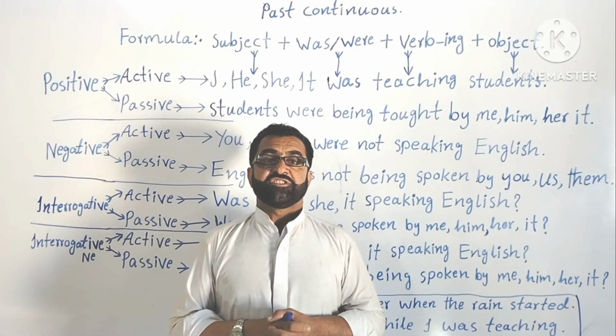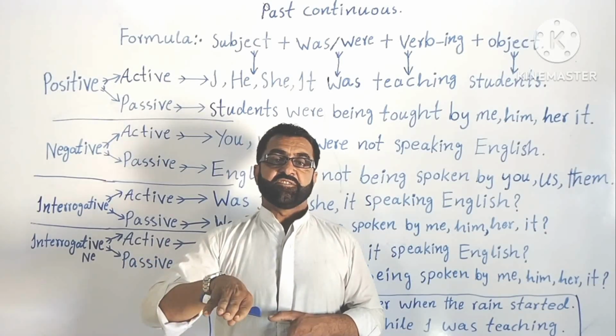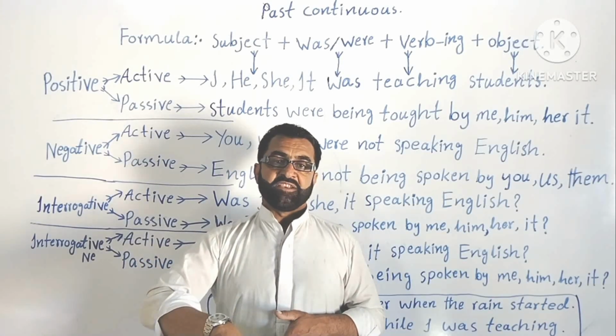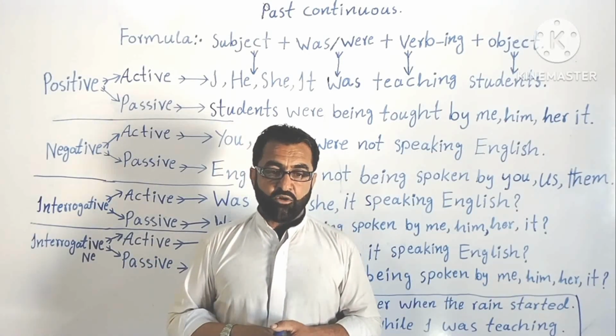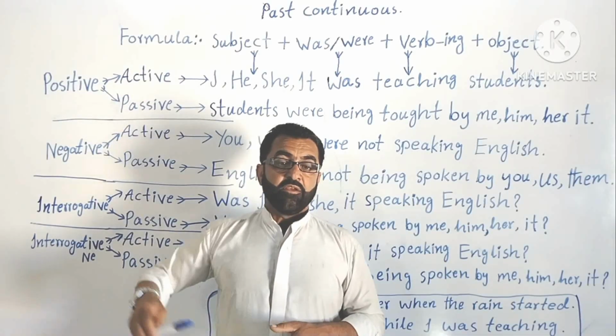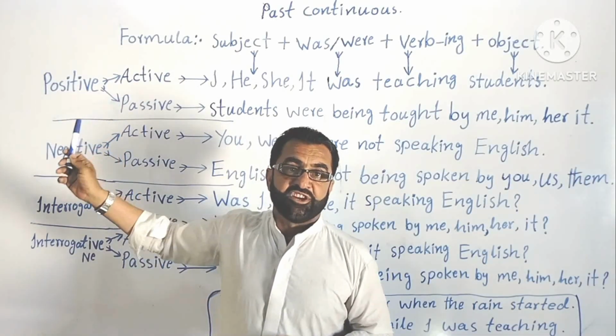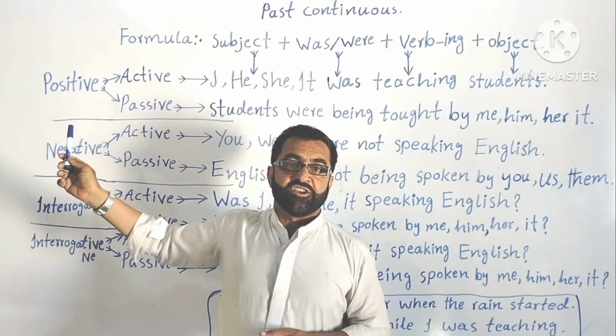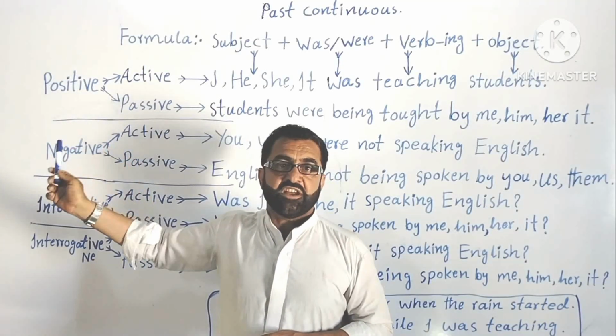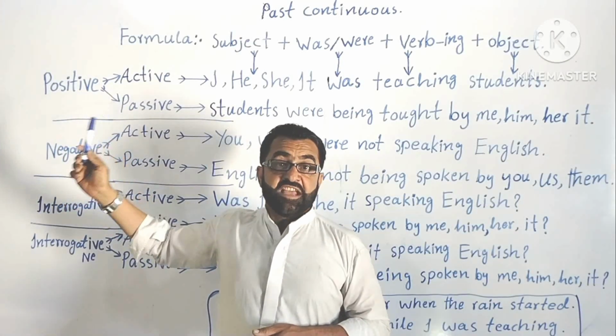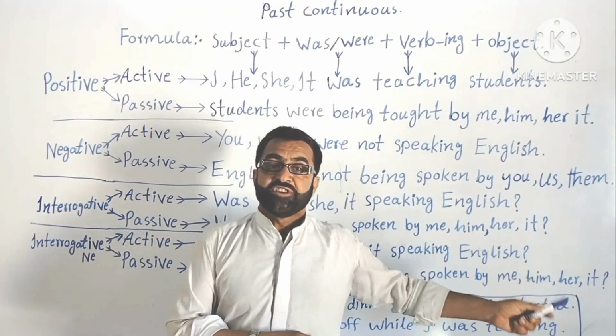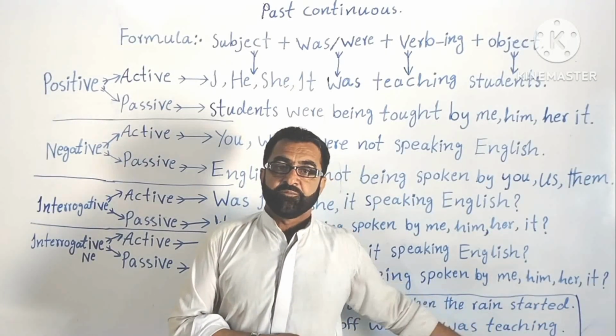Because active voice is completely different, you can say, from passive voice. How? Because whatever comes at the beginning of an active voice, as the subject of an active voice, that subject becomes the object of passive voice.